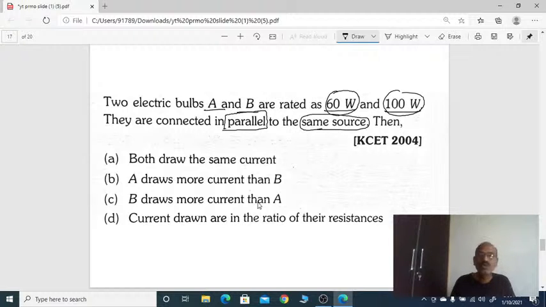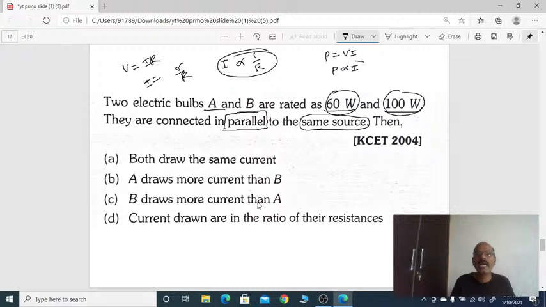We know Ohm's law. How are current and resistance related? V equals IR, I equals V by R. Current is inversely proportional to resistance, right? Now, power P equals VI.